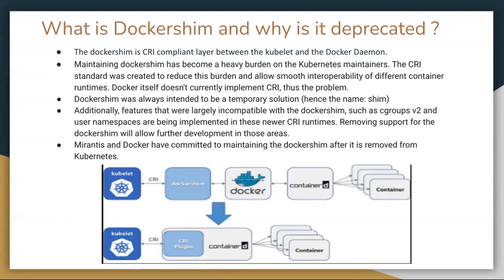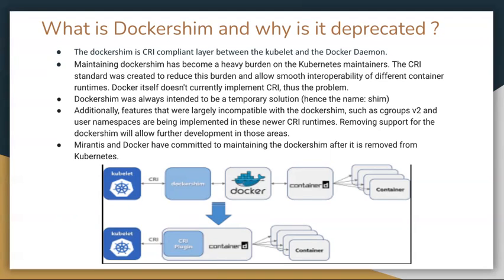Now they are using the CRI, which is much better, because it is not something you are doing specifically for just one type of container. CRI is a standard, so it reduces the overall burden of maintaining interoperability between the different container runtimes.